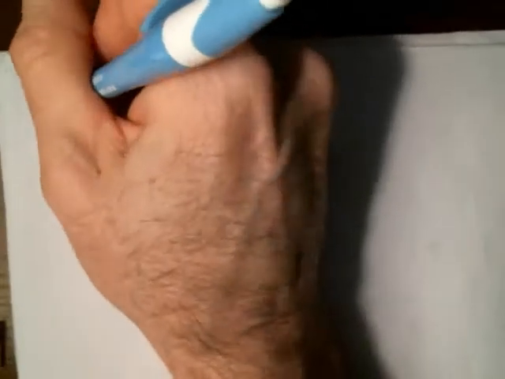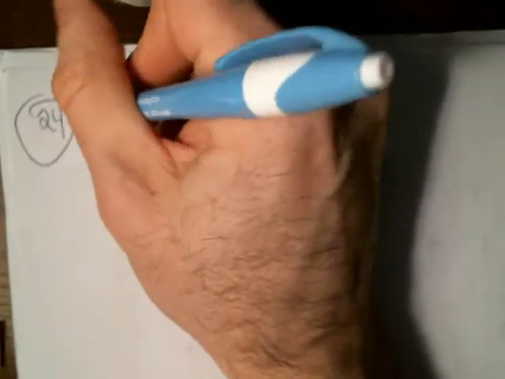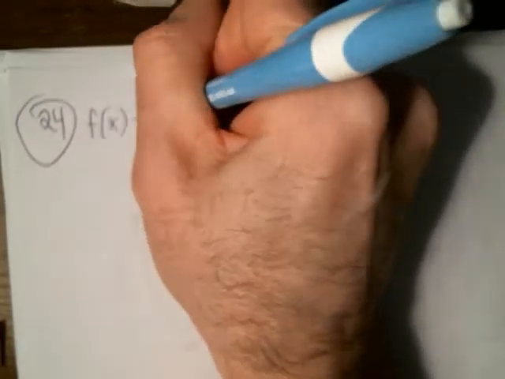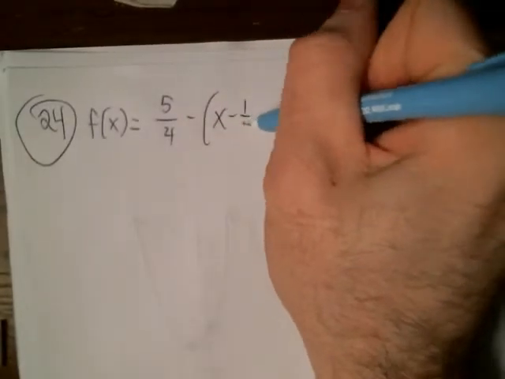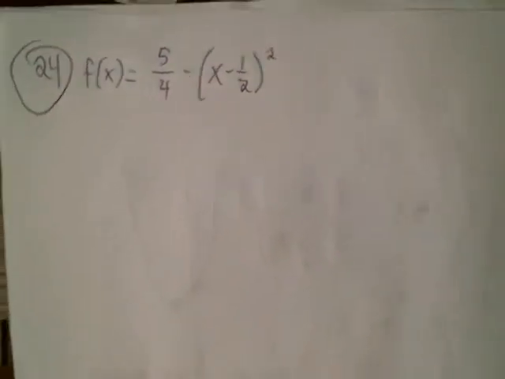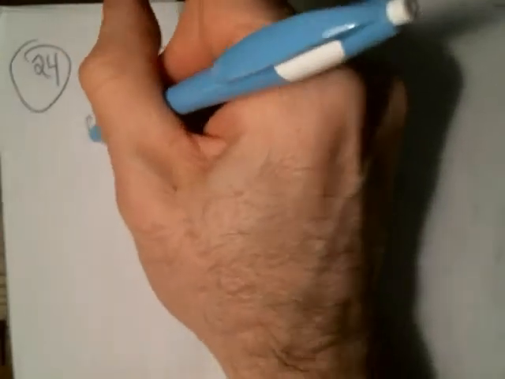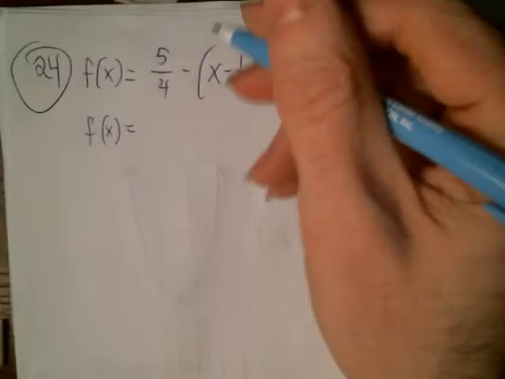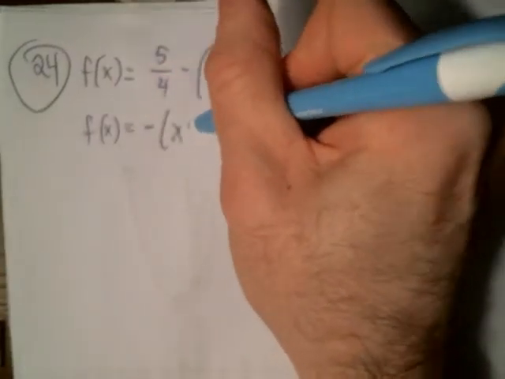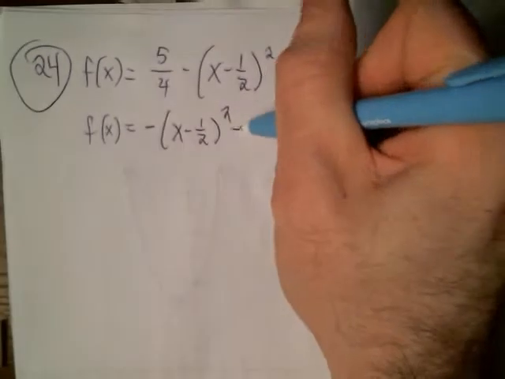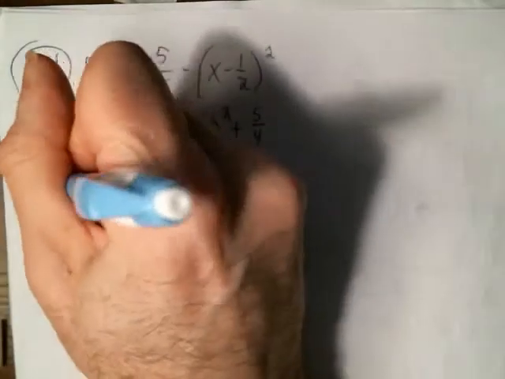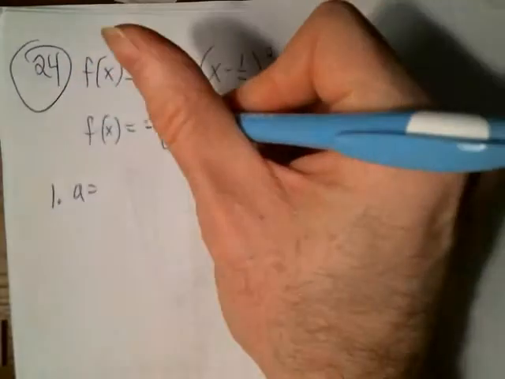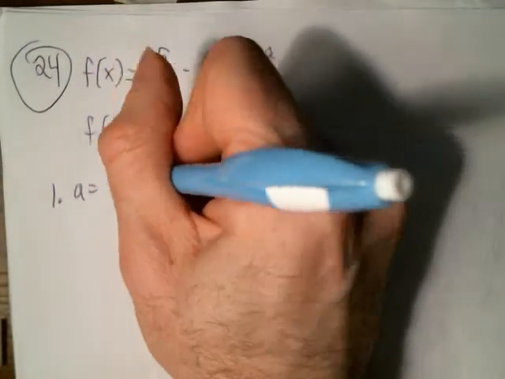So number 24, we have some fractions. f of x equals 5/4 minus x minus 1/2 squared. First, I'm just going to rewrite it a little bit so it's in the standard form. It's minus x minus 1/2 squared plus 5/4. First off, the a value is this part, the negative 1.